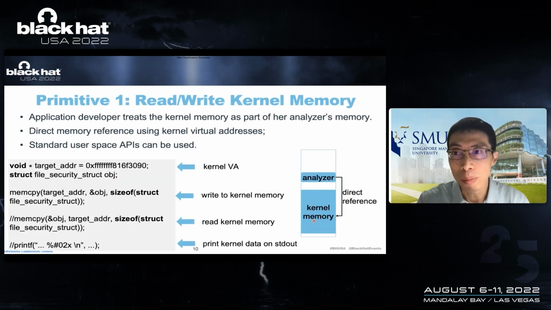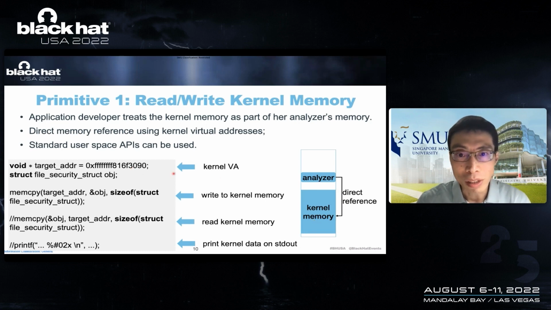So let me explain what the primitives are that allow you to develop your program, your analyzer. The number one primitive actually doesn't require special APIs from OASIS. OASIS allows you to natively access kernel memory, meaning given any kernel address, kernel's current virtual address, you can easily use it as if it is in your code, in your program.